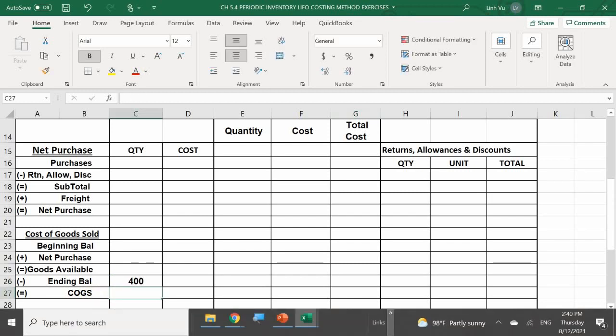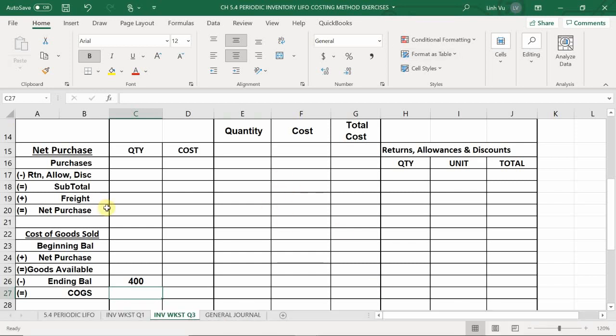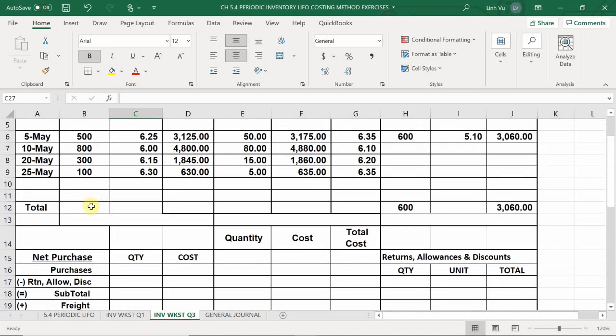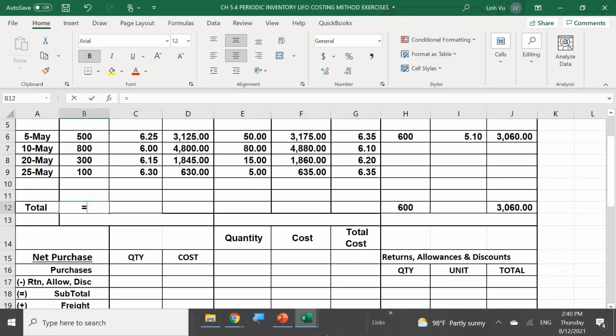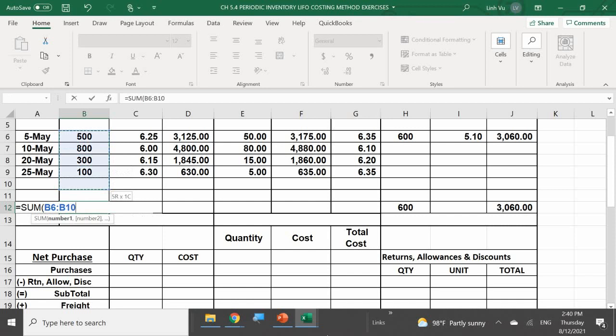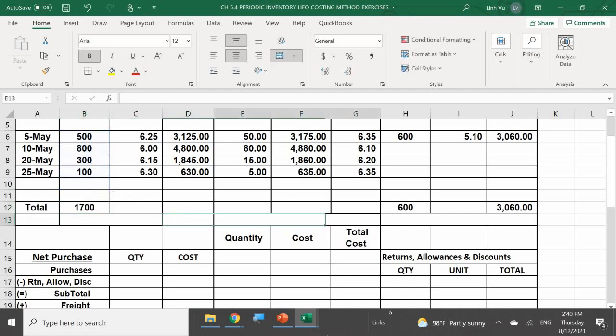So therefore, we reach the end of the accounting period. Now we need to solve once again for our totals. What was the total amount that I purchased? 1,700. Good.